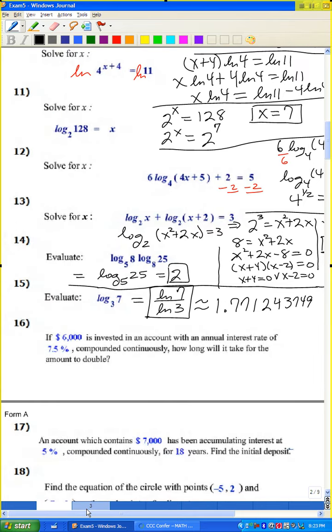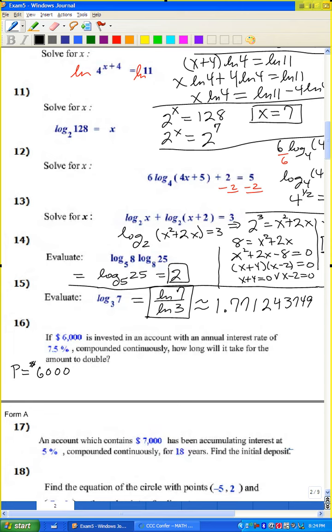If $6,000 is invested in an account with an annual interest rate of 7.5% compounded continuously, how long will it take for the amount to double? Okay, so let's do that. So we have here an initial investment of $6,000.